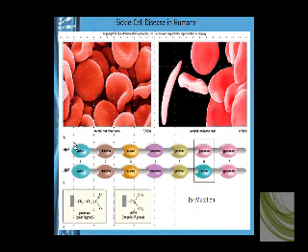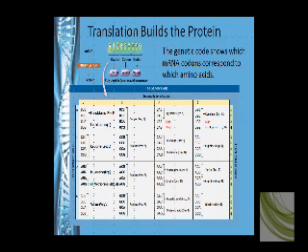Now, the normal gene has the codon for glutamate, and a sickle cell gene has the codon for valine. So let's go look at these, glutamate and valine. Glutamate, where is it?